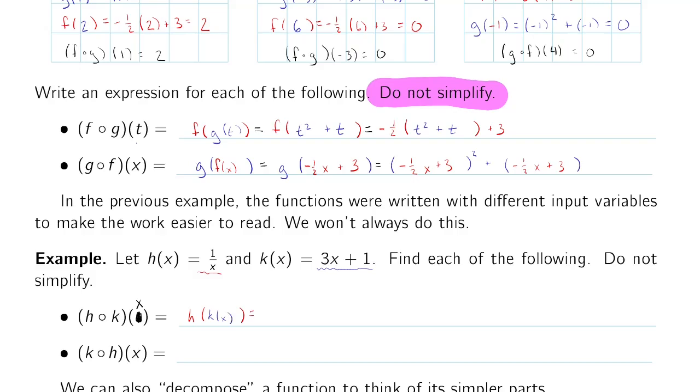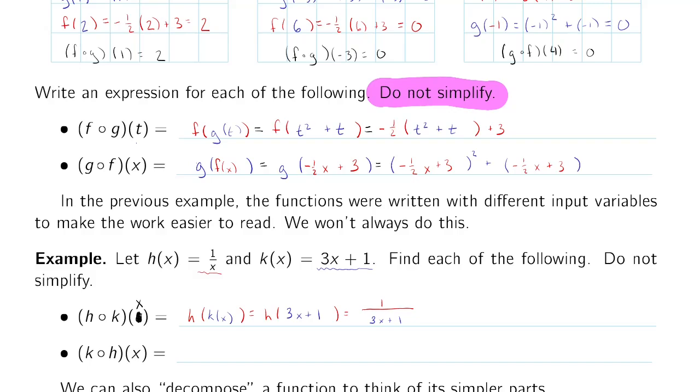So we'll take h and apply it to 3x plus 1. What does h do? That's the function where we take 1 over our input, and in this case our input is 3x plus 1. So there's our expression for h composed with k.